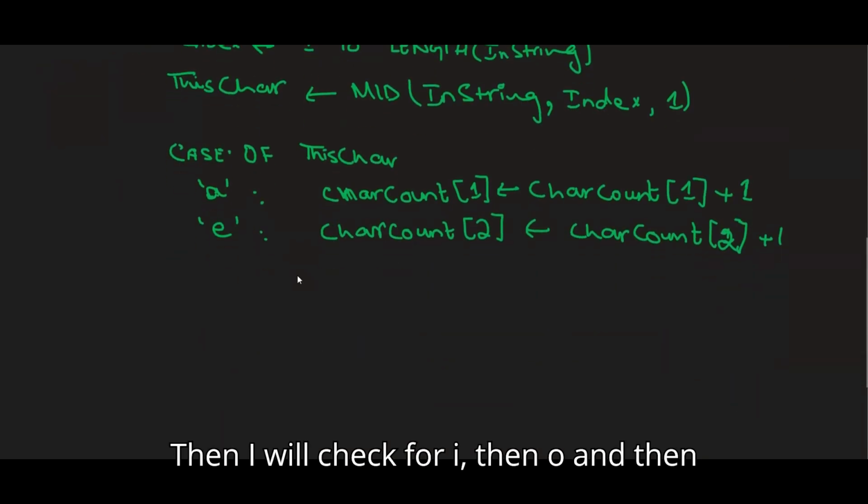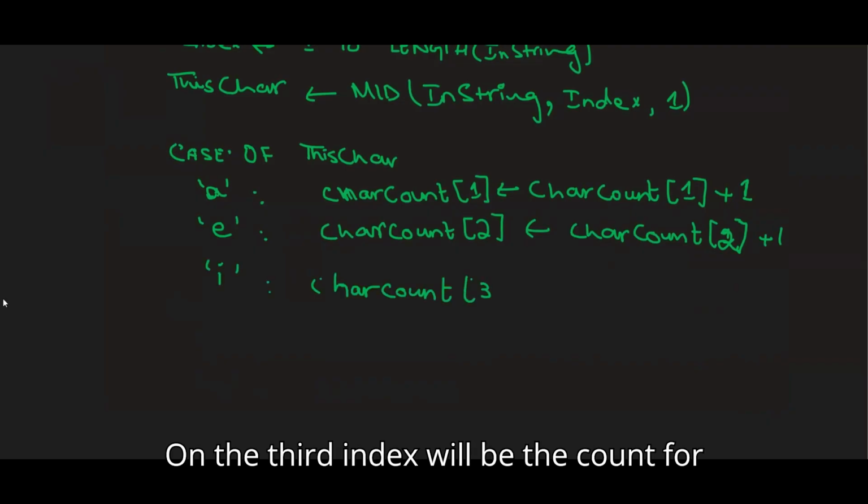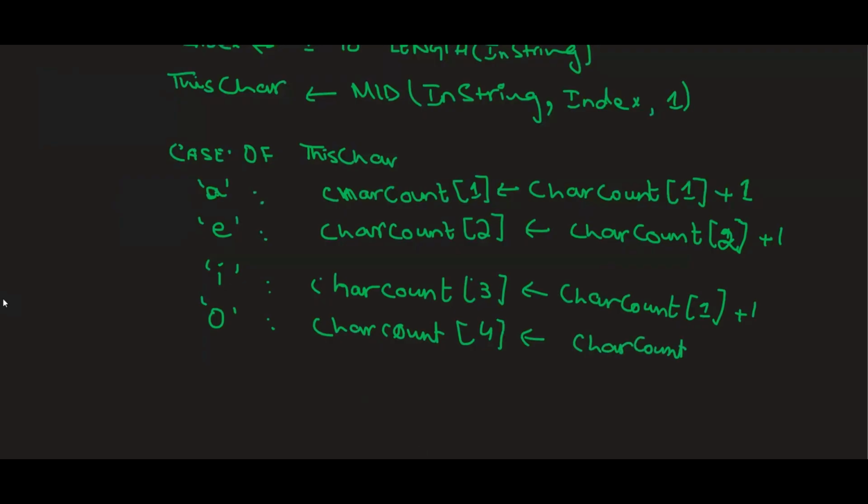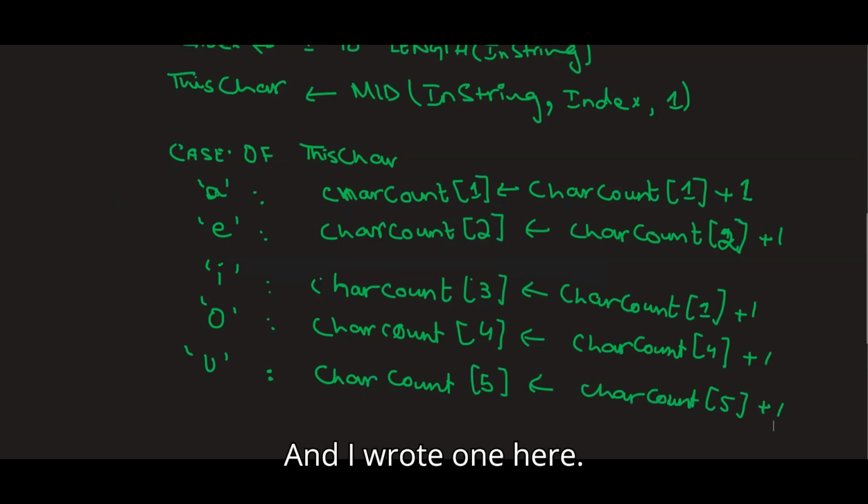Then I will check for I, then O, and then U. On the third index will be the count for I, then O. On the fourth index, I will keep the count of O. Then on the fifth index, I will keep a count for U. And I wrote 1 here.